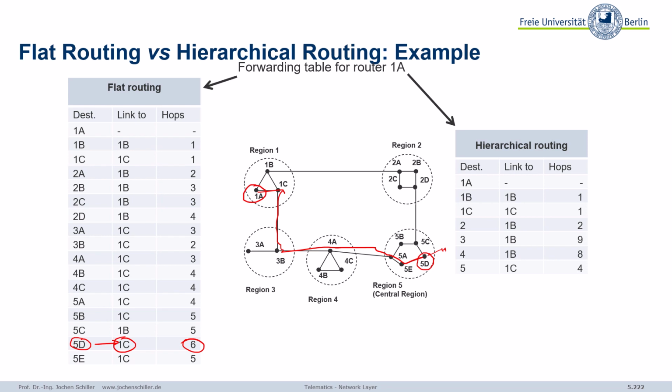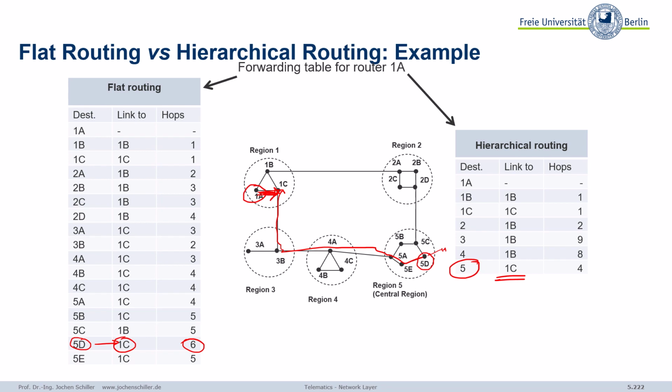Hierarchical routing, that means, well, I don't have to know the details of region 5. I only know if there's something going to region 5, then this goes via this 1C. So A knows if I go to region 5, then I go to 1C, and then whatever is there in there.